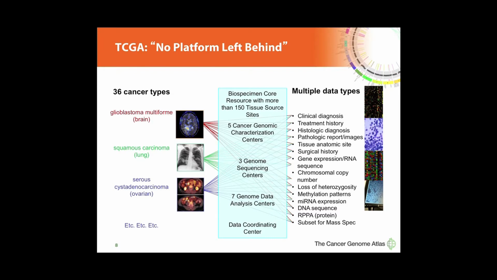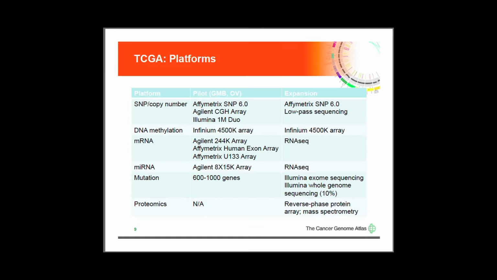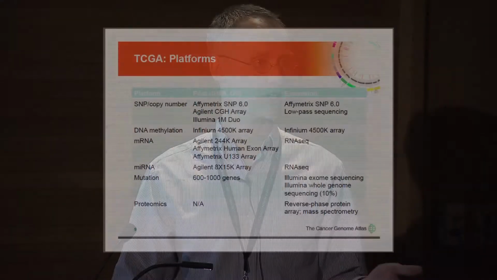I was talking a little bit about what molecular data you can expect to see. So the middle column refers to the platforms they were using in the pilot study. During that time, when they started the pilot and then they went into an expansion phase in 2009, the cost of sequencing just dropped precipitously with the introduction of next-gen sequencing.